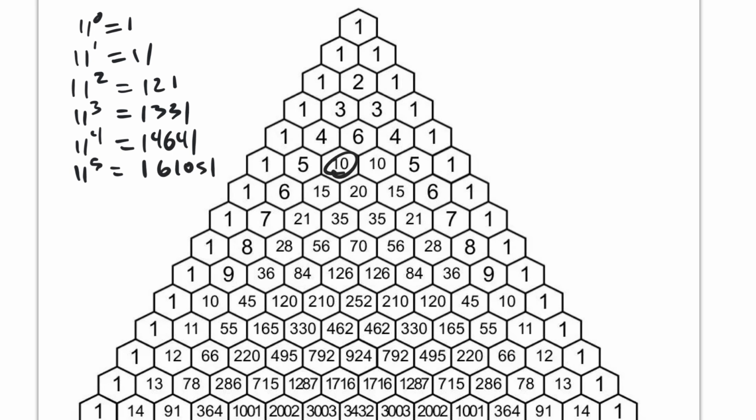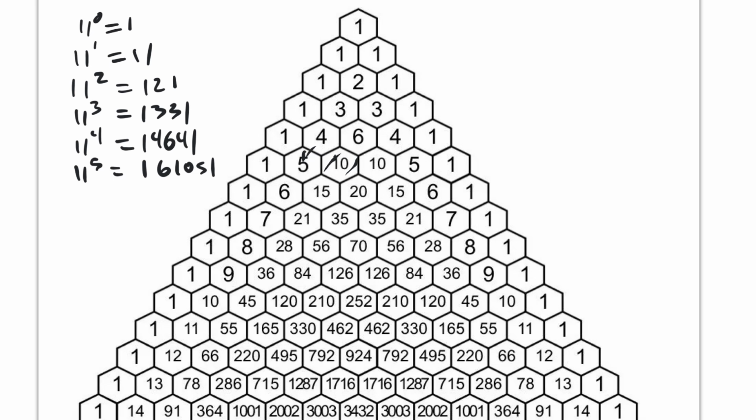What sort of happened is this 10 is kind of rounded up in the 5 to make it a 6. But at least for the first few powers of 11, they all show up in this table, and you can kind of make that last one work if you fudge it a bit. That's kind of neat. Let's look for some other patterns.